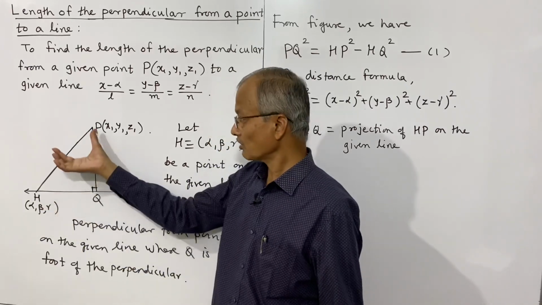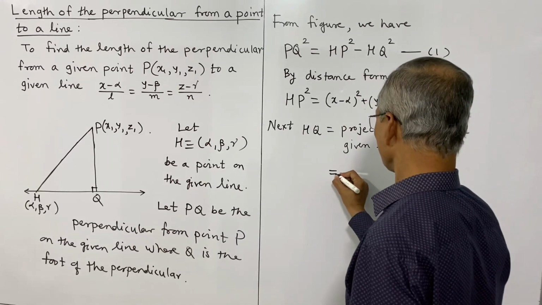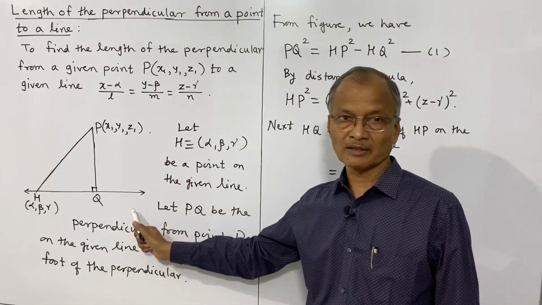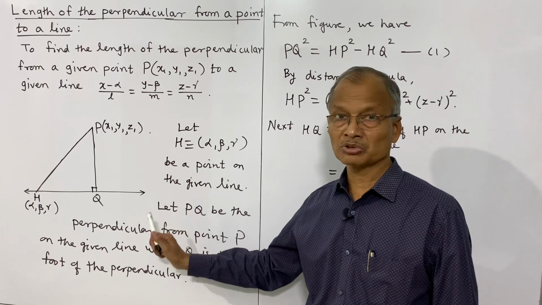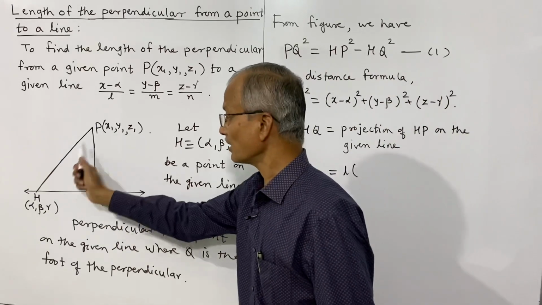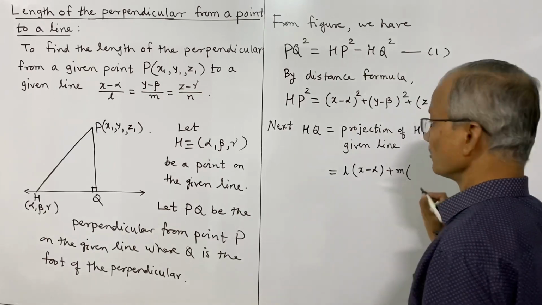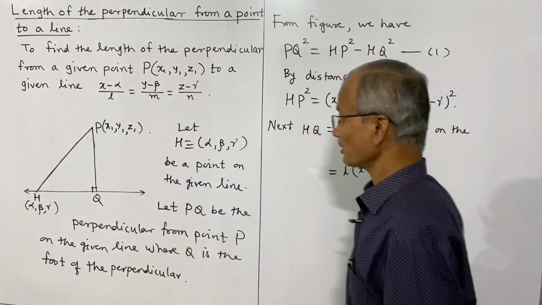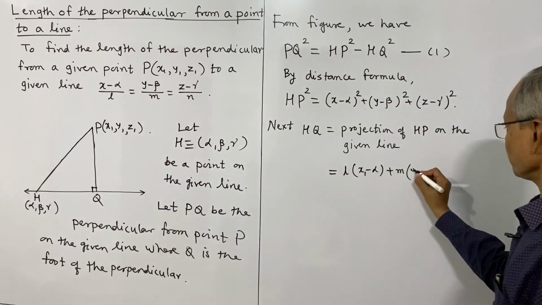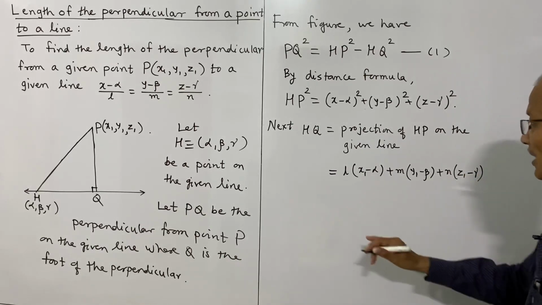We have a result about the projection. If L, M, N are the DCS, direction cosines of the line, then the projection is given by L into the difference of the coordinates x1 minus alpha, plus m into y1 minus beta, and plus n into z1 minus gamma. So this is HQ.